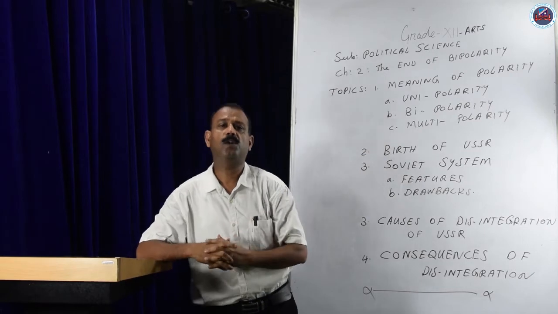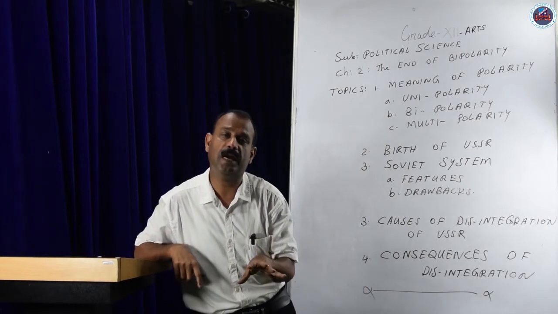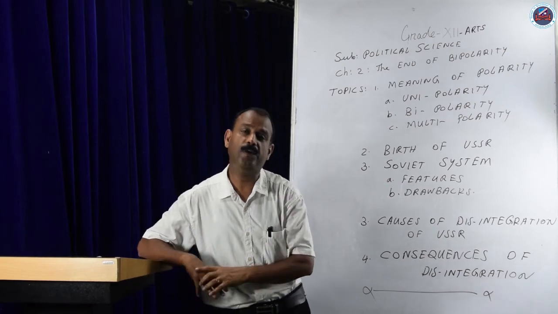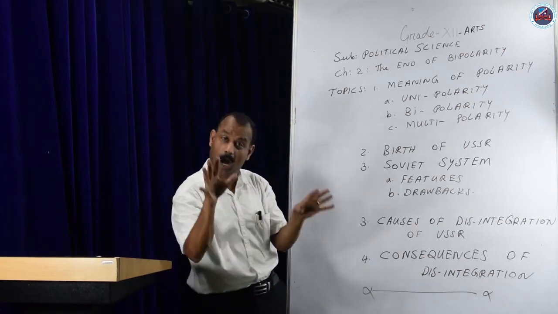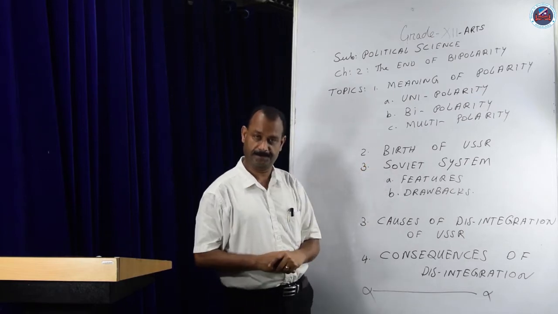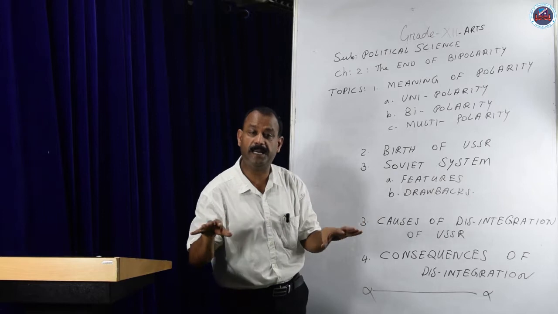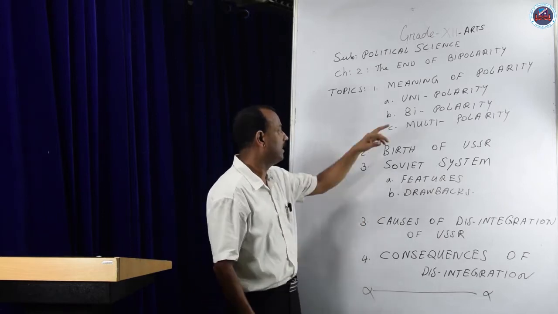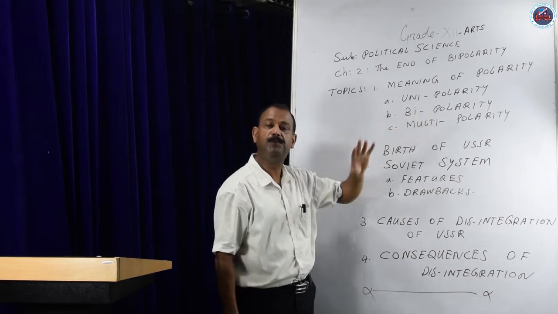This is what we are going to learn in this chapter, the end of bipolarity. In other words, we will be learning how the USSR came to an end. The disintegration of the USSR. With the disintegration of the USSR, bipolarity came to an end.